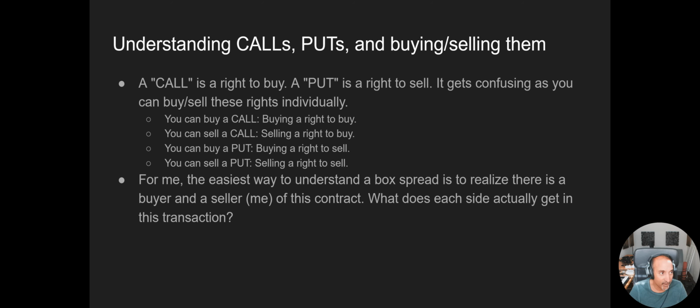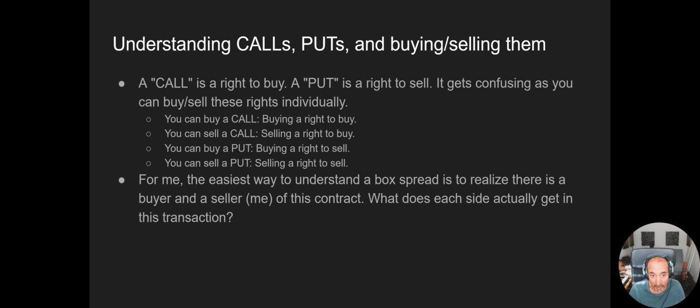The first thing to understand is what is a call and what is a put. A call is a right to buy, and a put is a right to sell. That in itself isn't too complicated, but what gets complicated is these rights can be bought and sold individually. So for example, you can buy a call, which means you are buying a right to buy.